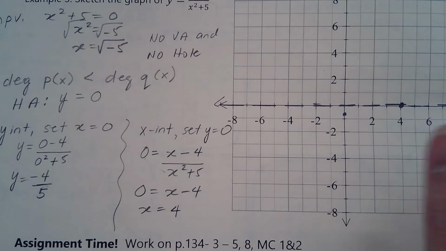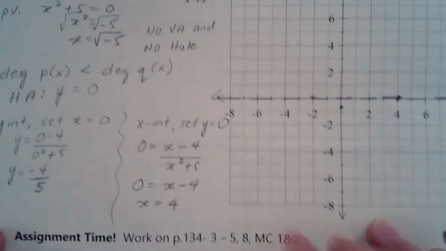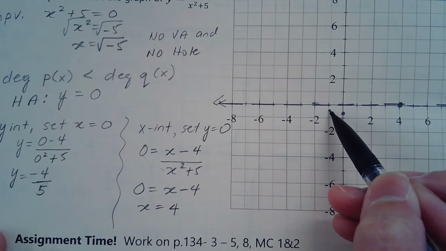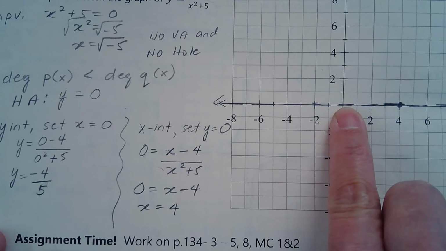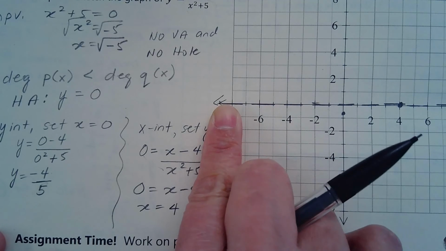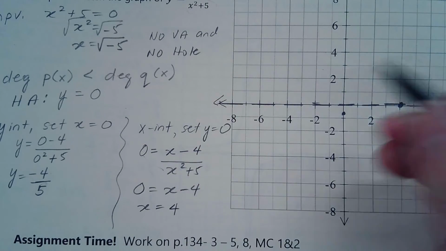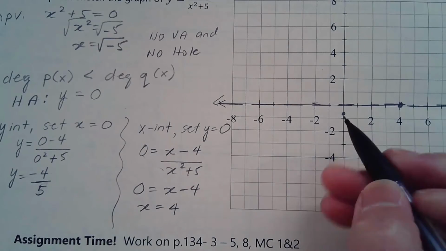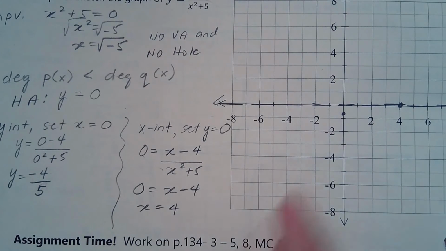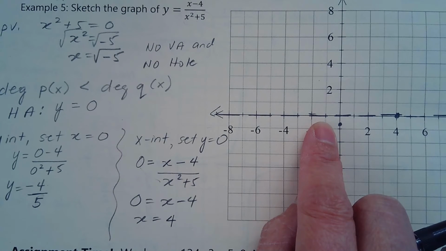This is one exceptional behavior. Okay, what happens if we pick any values to the left of the y-axis? What happens over here if we pick a number like -1? What happens when x is -1?